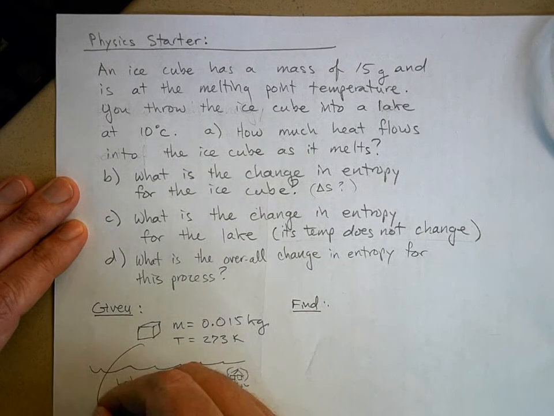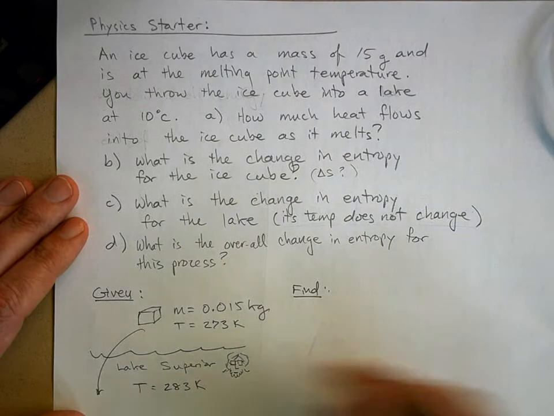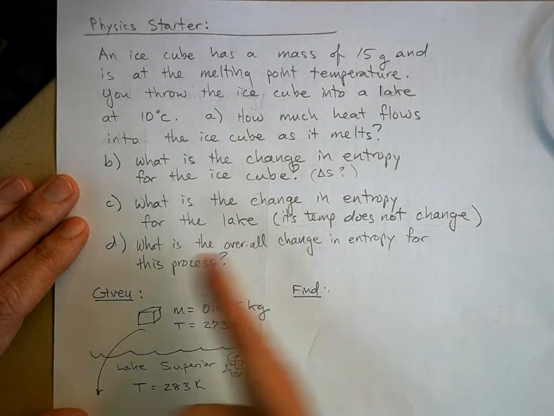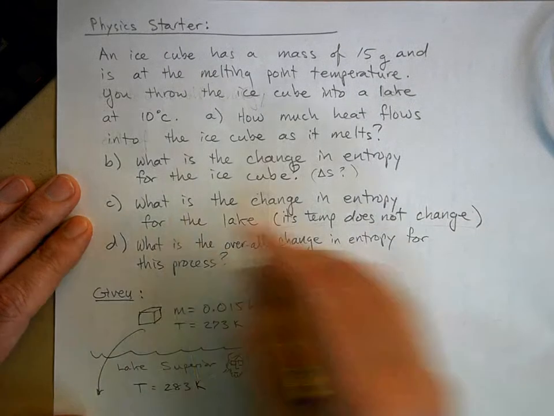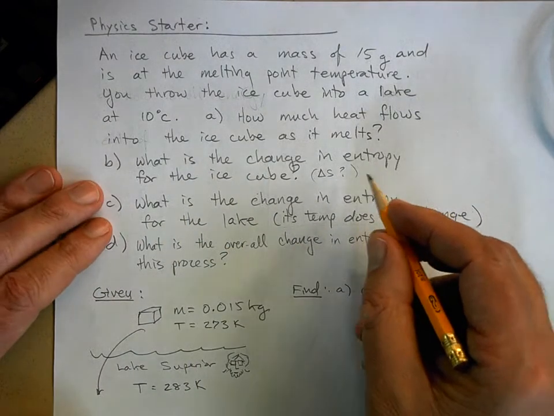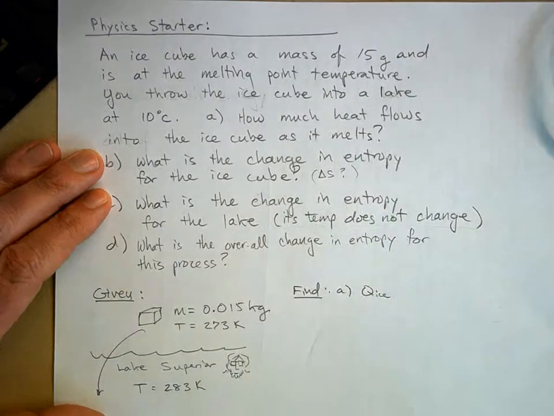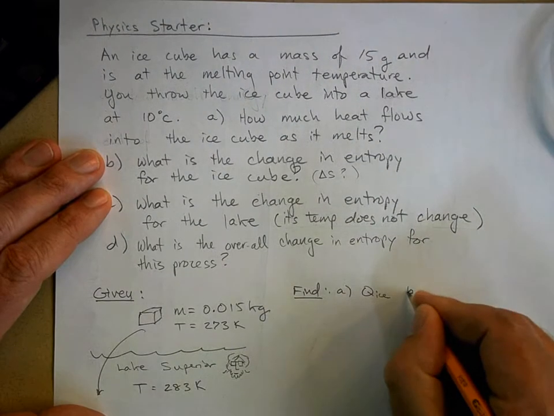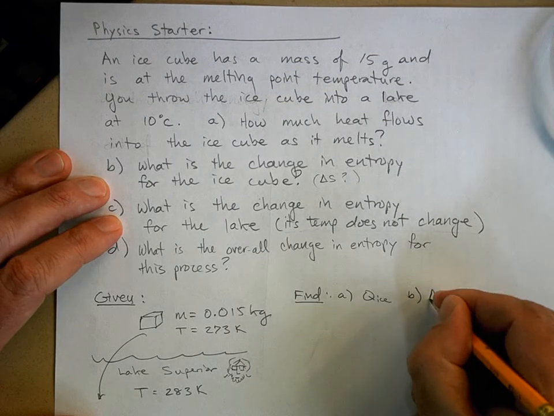So we're going to throw that into the lake. And we want to know, for part A, what's the heat? How much heat flows into the ice? So this is the heat for the ice. And then B, what is the change in entropy for the ice?